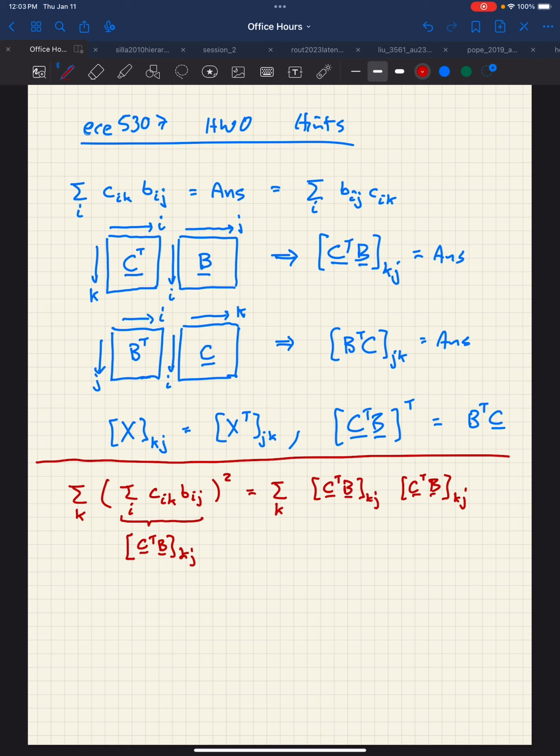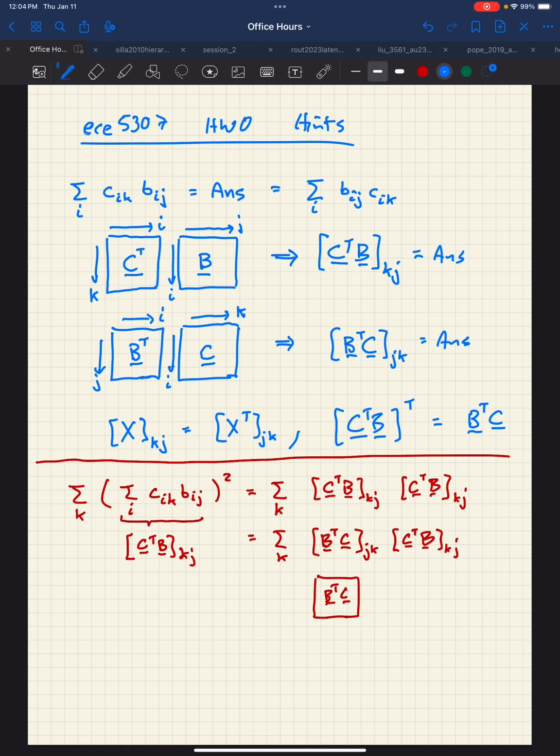In other words, I could rewrite this equivalently as B transpose C, extracting the jth row and kth column, multiplying this matrix's kj entry. And if I want to draw a picture of this, I would draw it as follows.